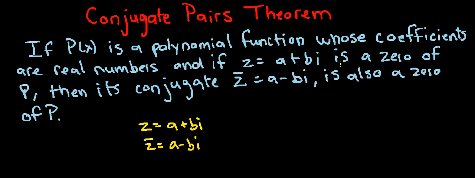That is why, when we used our rule of signs and found, let's say, 4 variations, we either have 4, 2, or 0. The reason we've been subtracting these even integers is because if we have a non-real solution, then its conjugate is also a solution.